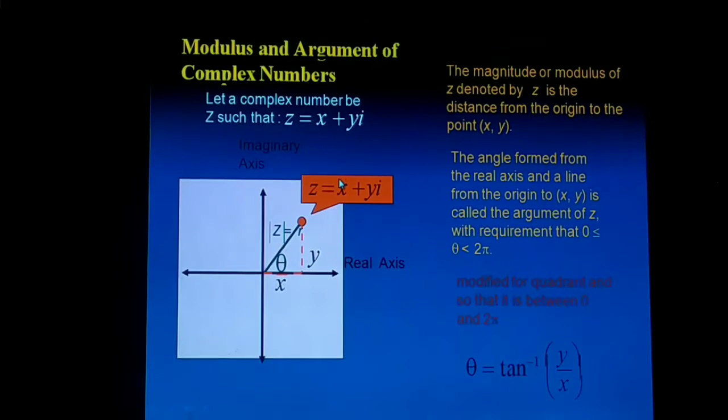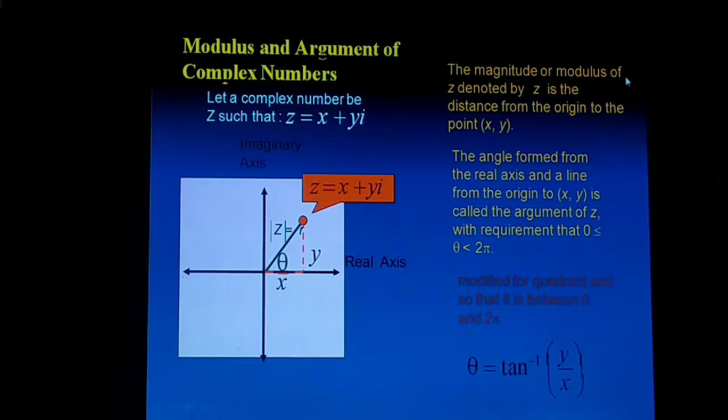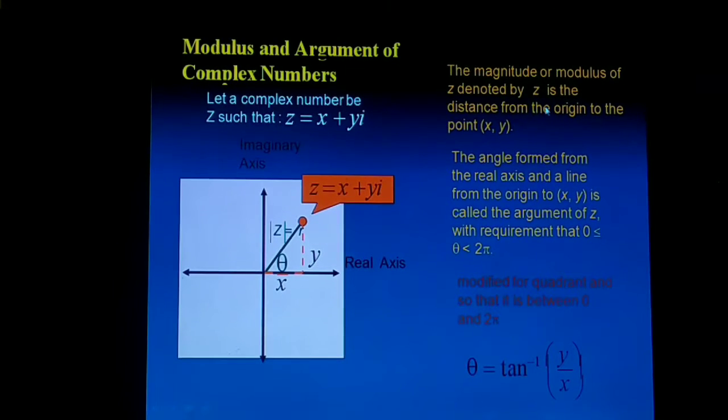Let's see what is modulus and argument of a complex number. We have already seen what is modulus. Let's again revise. Let a complex number z is equal to x plus iy. Here in this figure, the point is z is equal to x plus iy. Now the magnitude or modulus of z is denoted by modulus z.